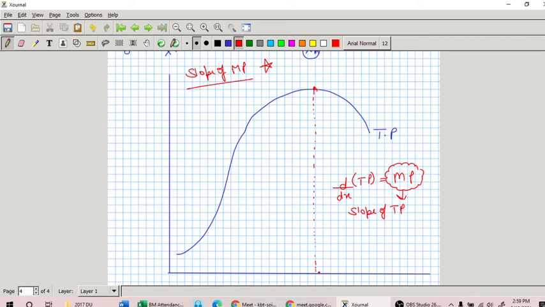And that's why we will move towards the double derivative. Why double derivative? Because the derivative of total product will give you marginal product, and if you want to get the slope of this marginal product, then you have to derivate the marginal product also. This will give you slope of MP.